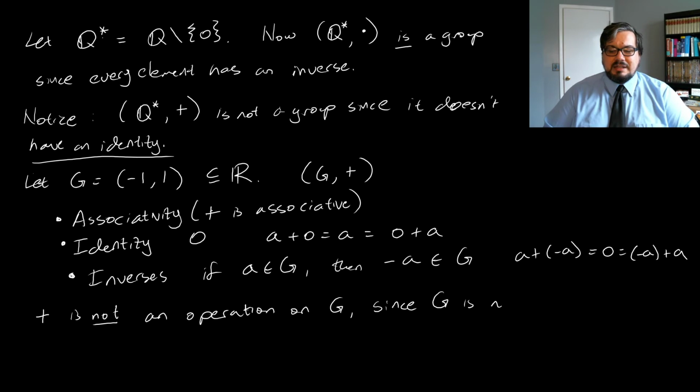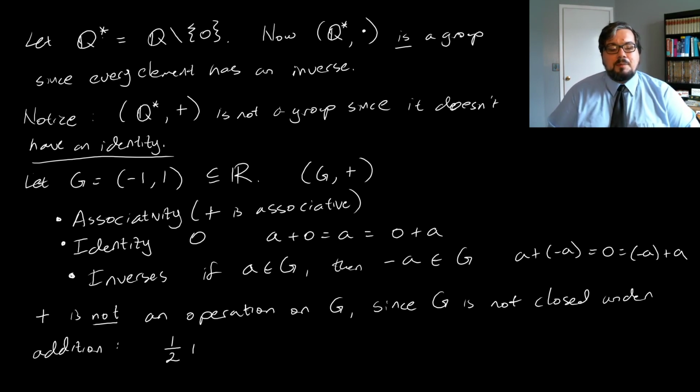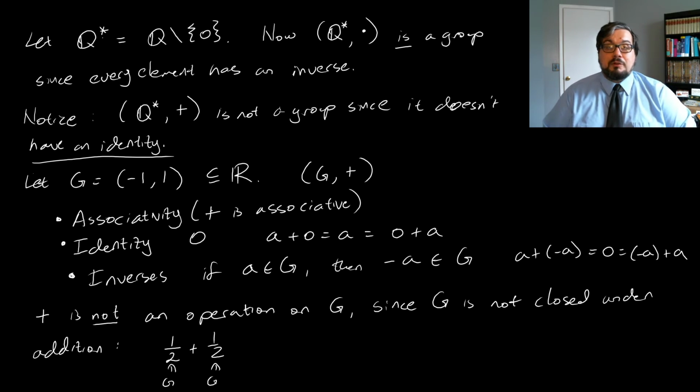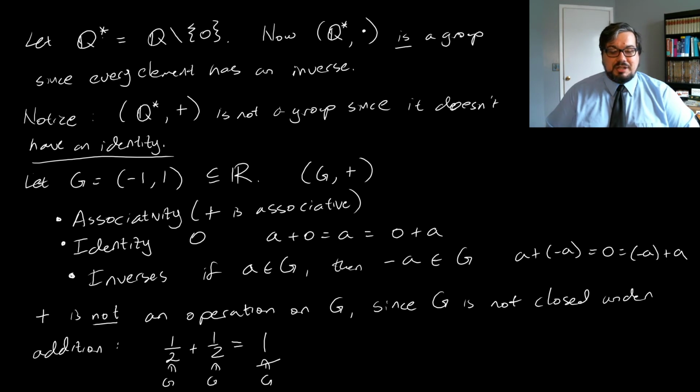So since G is not closed under addition, what that means is that I can take a couple of things in G and do the operation on them, in this case addition, and I'll get something that isn't in G.